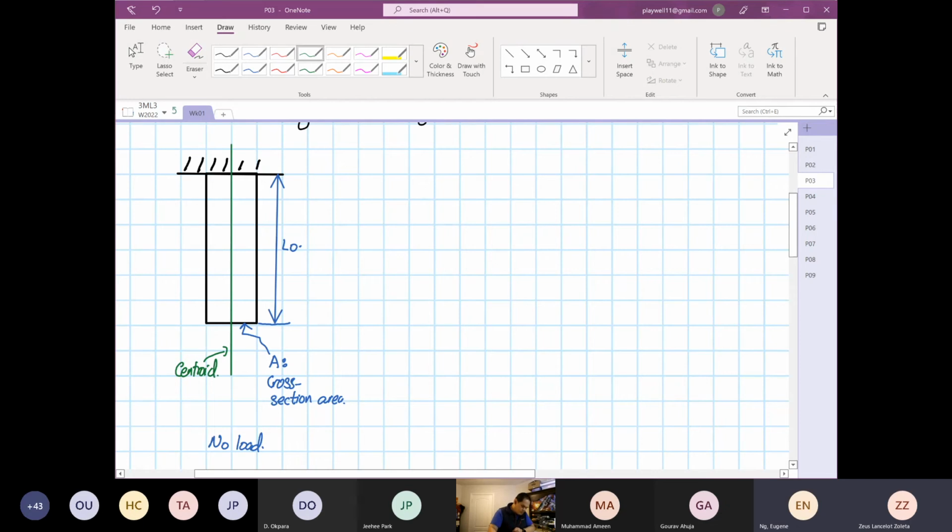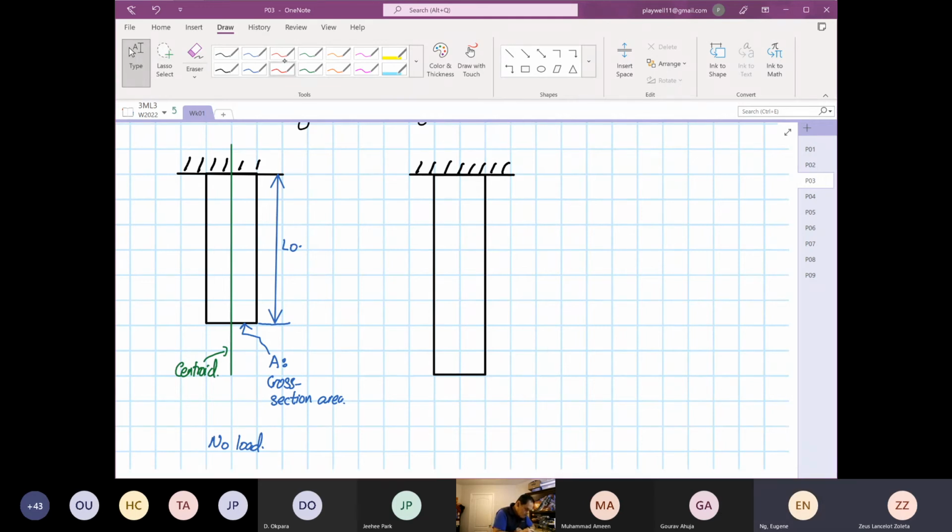Then the next diagram that I'm going to draw on the side is the same thing, except now there's a load. So we apply a load, which is our Py.